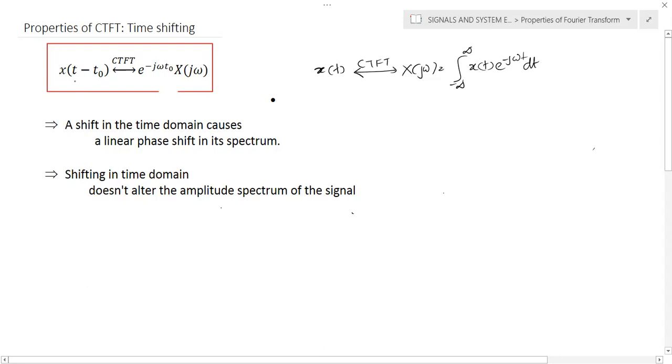The Fourier transform of x of t minus t0 we can calculate by multiplying the term e raised to minus j omega t0 into its original transform x of j omega. So it's a very simple property. Simply multiply with an exponential term in the frequency domain, e raised to minus j omega t0.